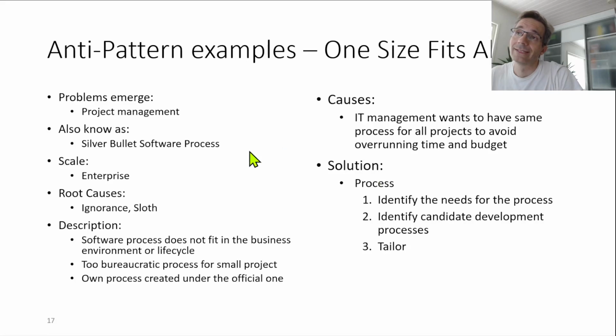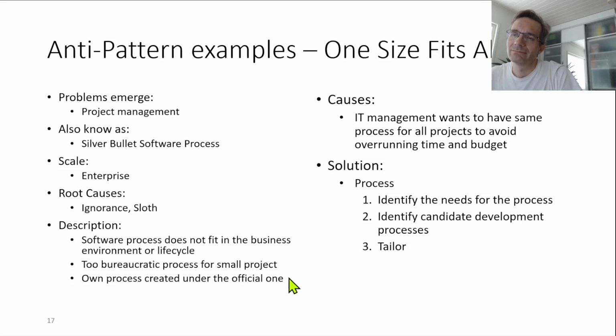Now the final example is One Size Fits All. This is in some way similar to the golden hammer, except this is a project management problem. So you have a software process that does not fit the business environment or the life cycle. You might have too bureaucratic a software process for a small project, or you have your own processes created under the official ones.